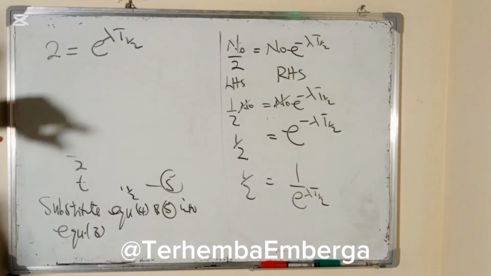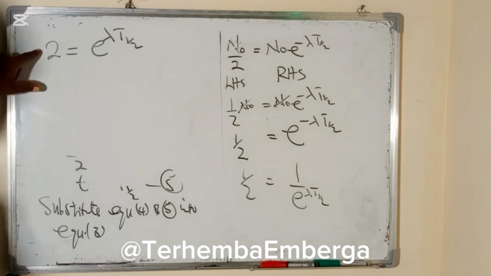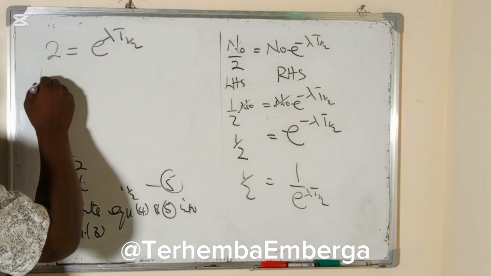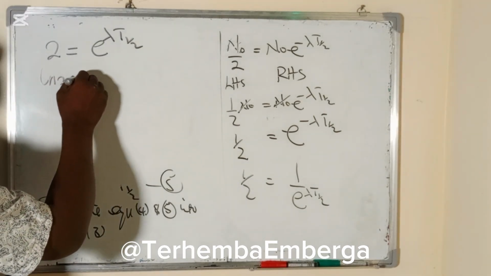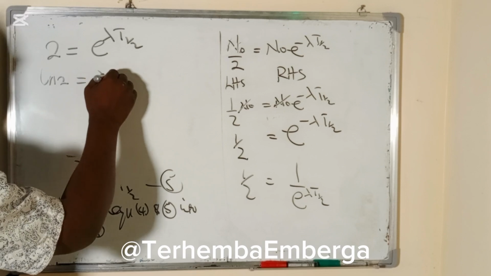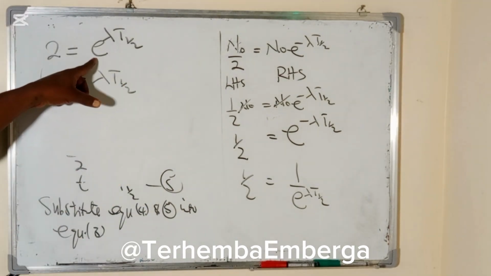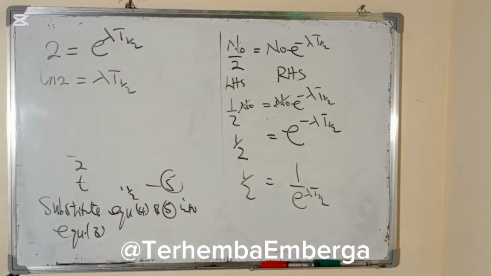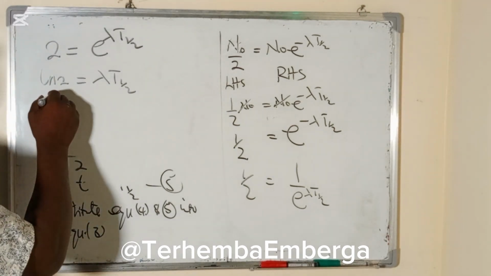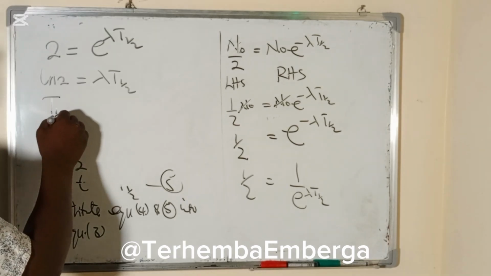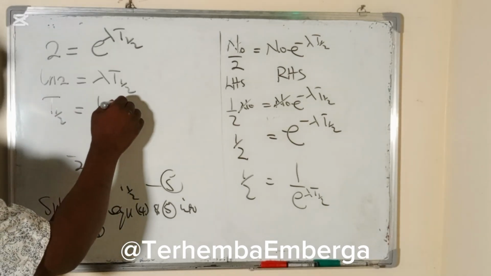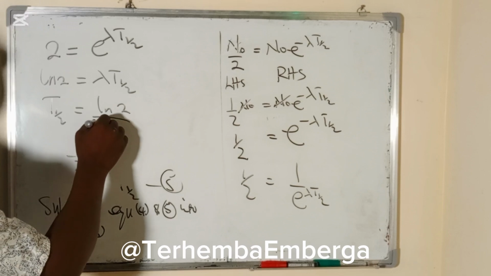So we want to make t half the subject, and this is an exponent. The only way we can do this is to take the natural log on both sides. And by the time you do that, you have ln 2 equal to lambda t half. You have succeeded in eliminating the exponents, and so t half is equal to ln 2 all over lambda.